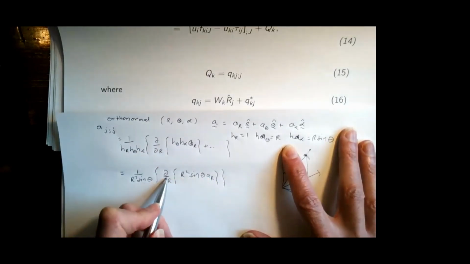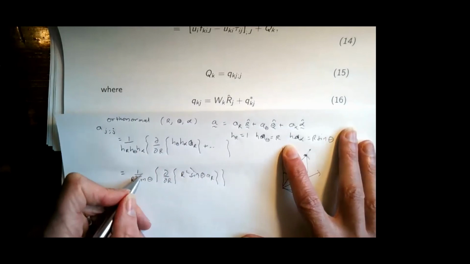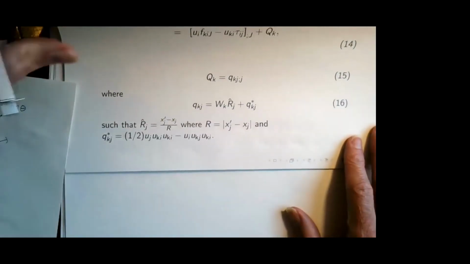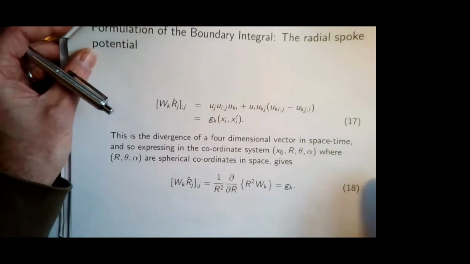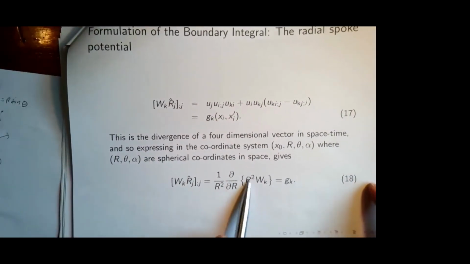And then the sine thetas, because it's a differential with respect to R, and as R changes theta is orthonormal, can be brought out, so they just disappear. So that gives this here, and then I can integrate that up to represent this as a potential.